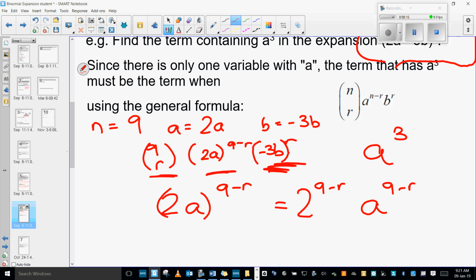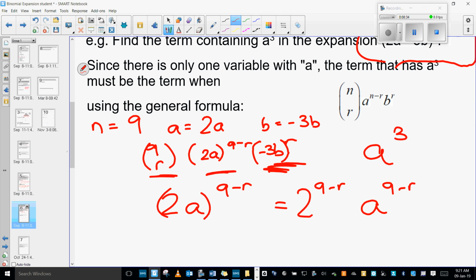Now, which of these two things do we need to focus on in order to establish the value of r to get a cubed? This bit here, yes? So this is kind of irrelevant, but it's going to be important when it comes to doing our expansion, but it's this that we need to focus on.